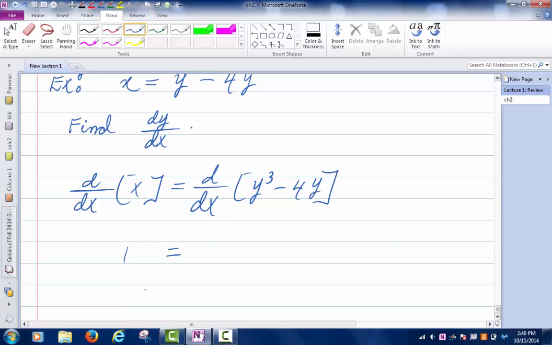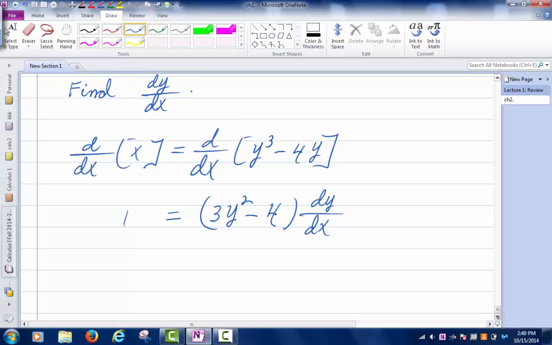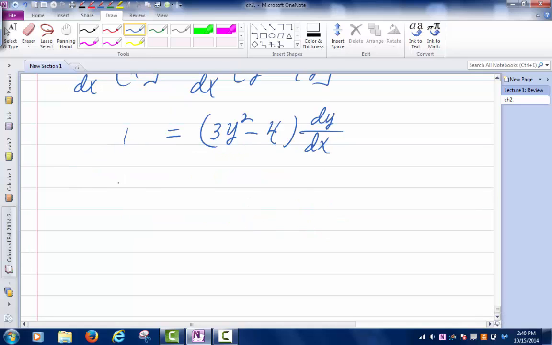So you take the derivative with respect to y first, which is what? 3y squared minus 4, but then you have to multiply by what? dy dx. And then you could say that dy dx is 1 over 3y squared minus 4. Is everybody okay with that?